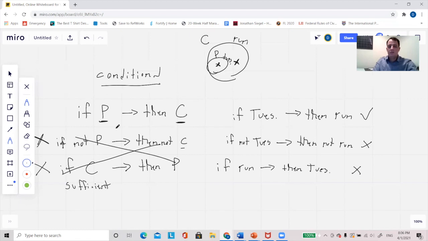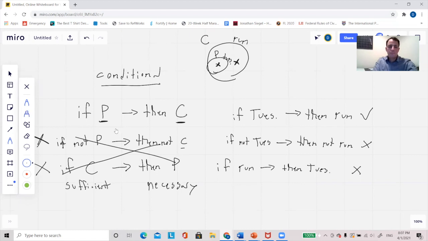And if this condition is true, then this is necessarily true. So that is the necessary condition. Notice, however, if C is true or P is true in the other direction, then these are not necessarily true.